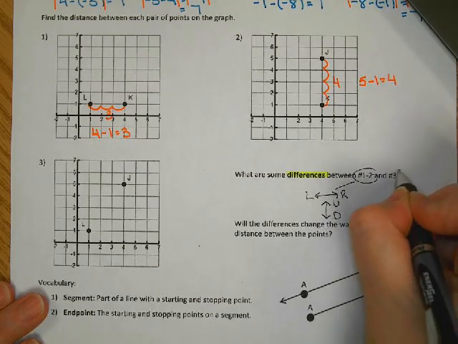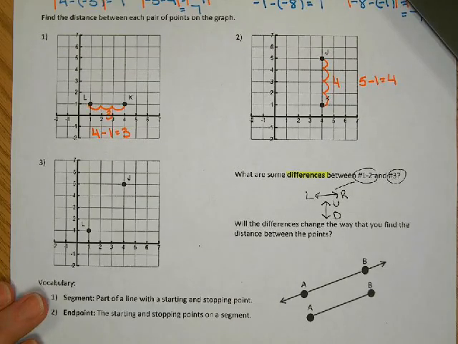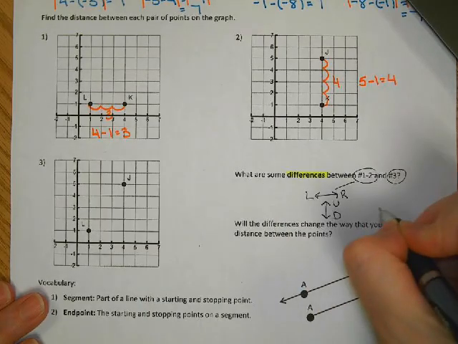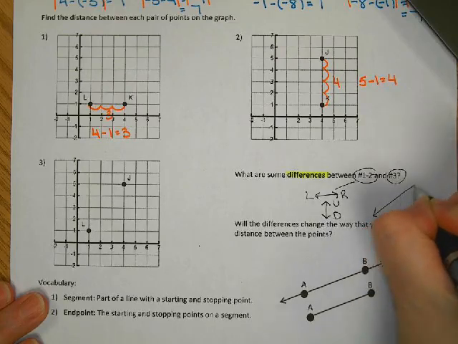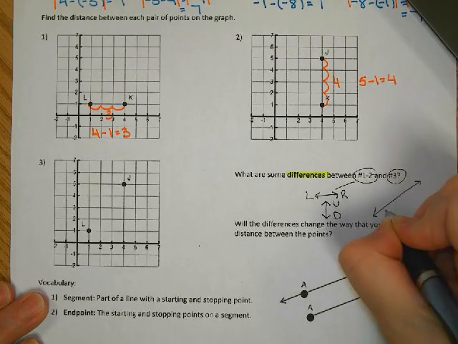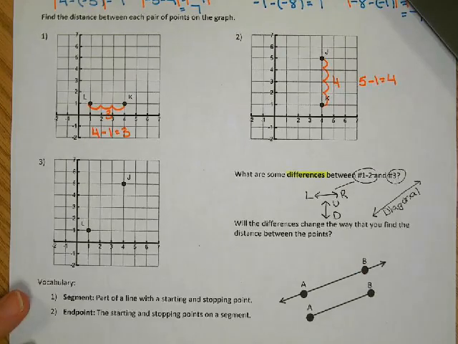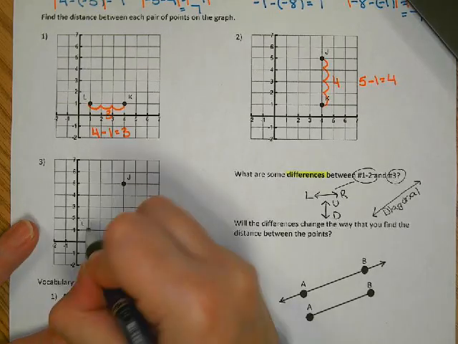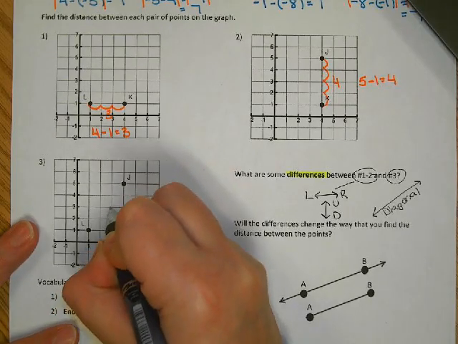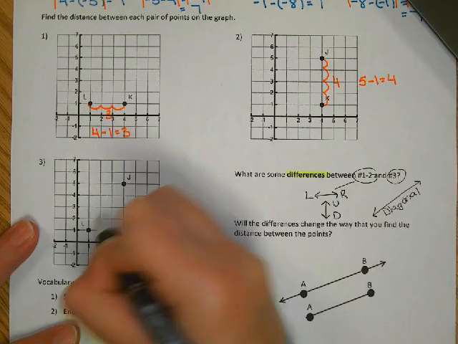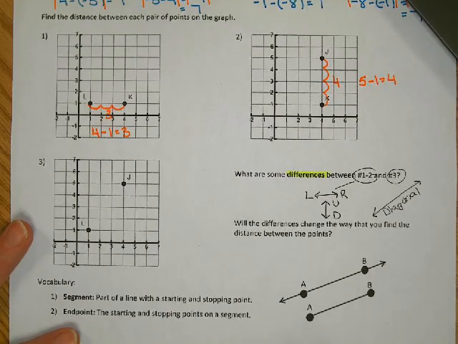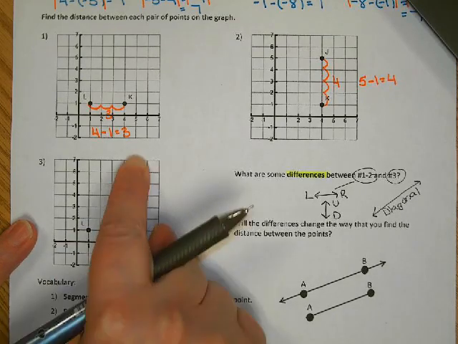On number 3, how do you have to move? Do you know what that's called? We have to move on a diagonal. So the question is, can we count on the diagonal the same way that we count when we're moving horizontal or vertical?